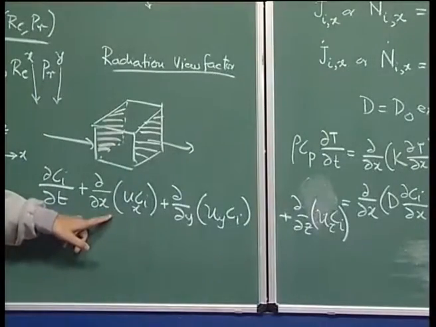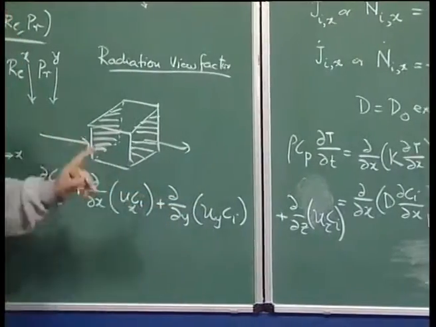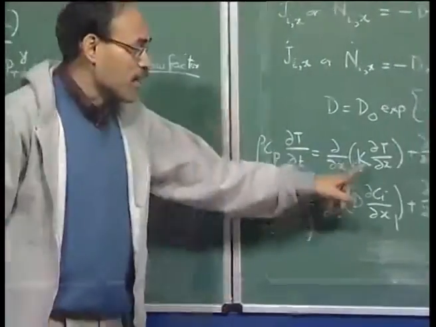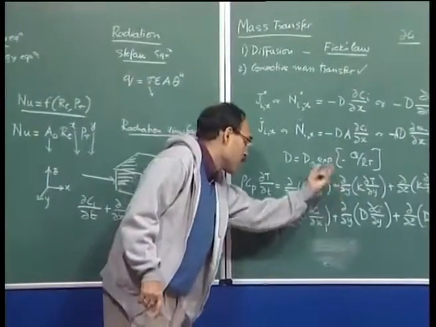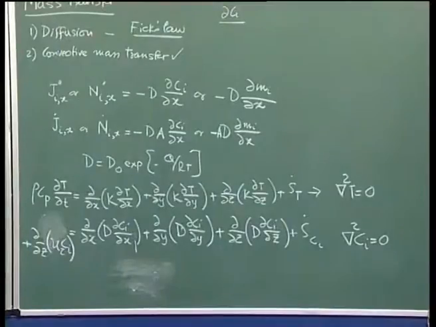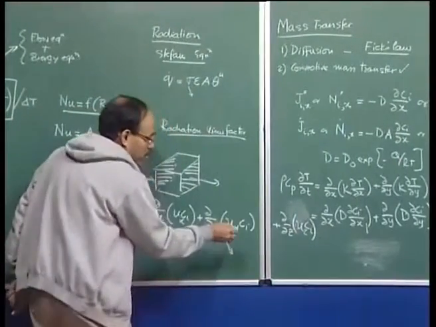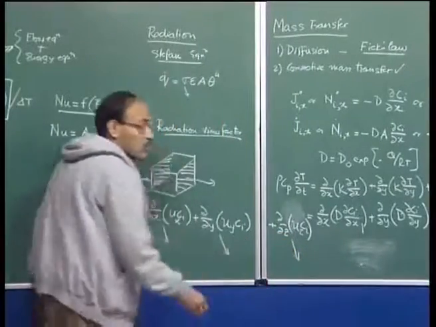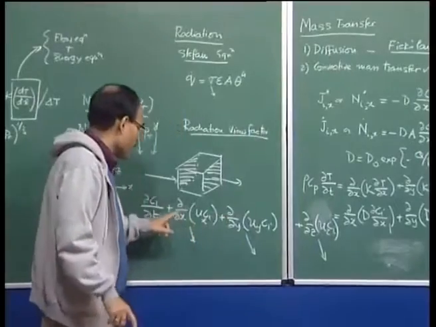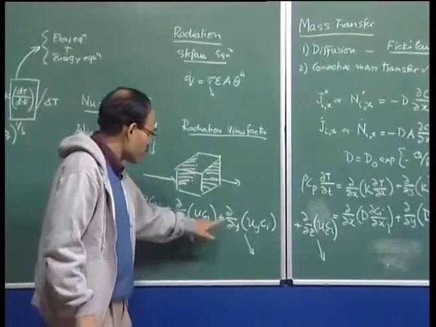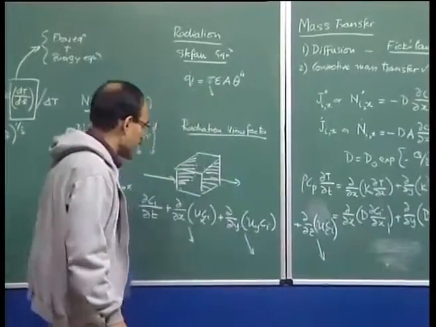In the previous lecture, when I wrote the corresponding heat flow equation, the first equation I wrote brought in another term here, and then in the second step I transported this term with a negative sign to the left hand side. This is the convection along the x direction, this is the convection along the y direction, this is the convection along the z direction. More specifically, convective heat transfer along the x direction, convective mass transport along the x direction, convective mass transport along the y direction, and convective mass transport along the z direction.